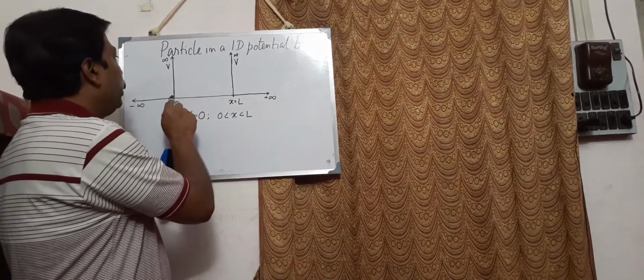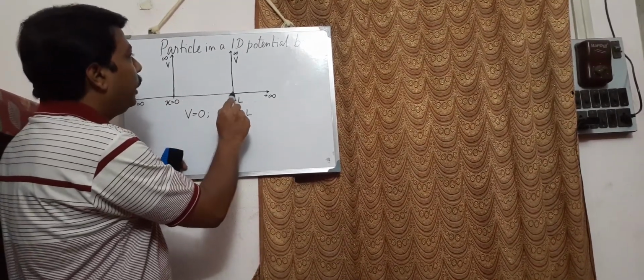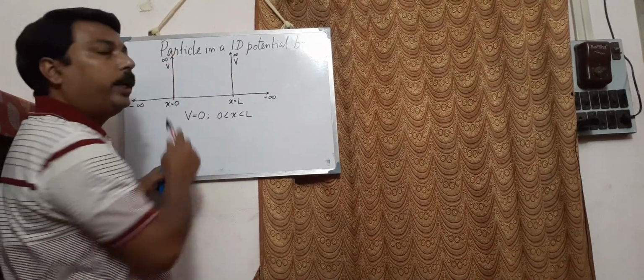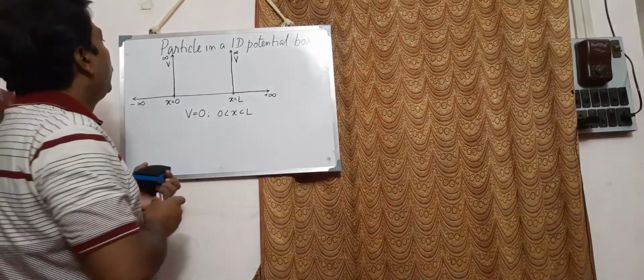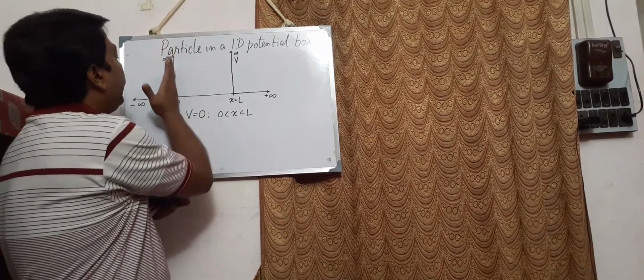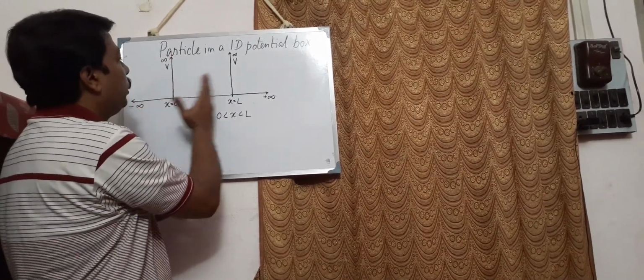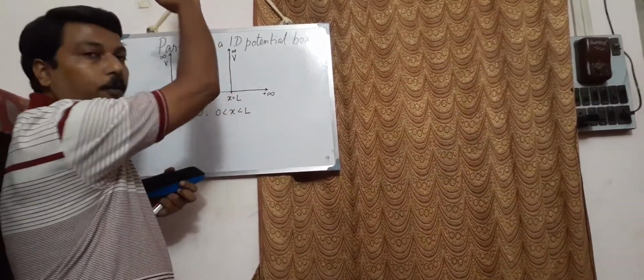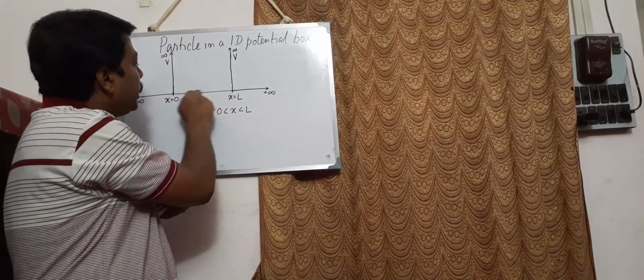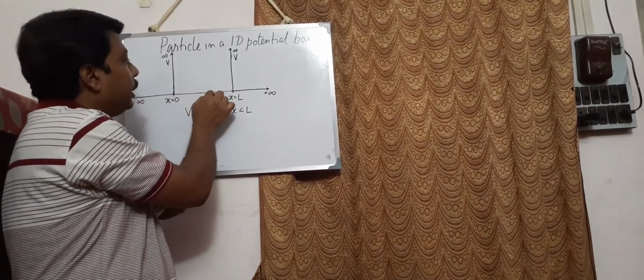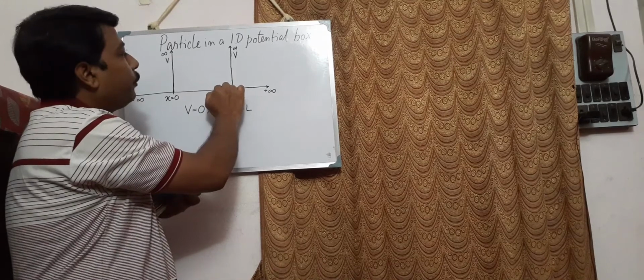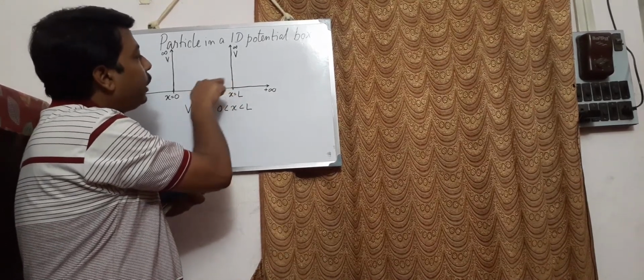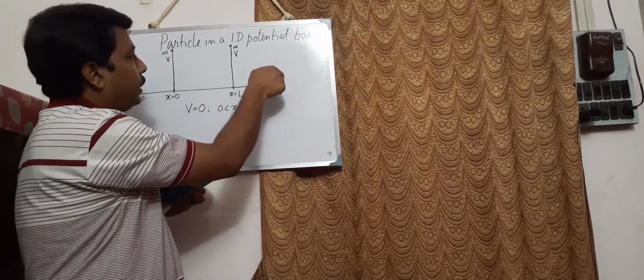At x equal to 0 and at x equal to L, there are two rigid walls. That is, the potential at these points goes to infinity. So the particle which is inside this region does not have sufficient energy to penetrate this wall and go to the other side.